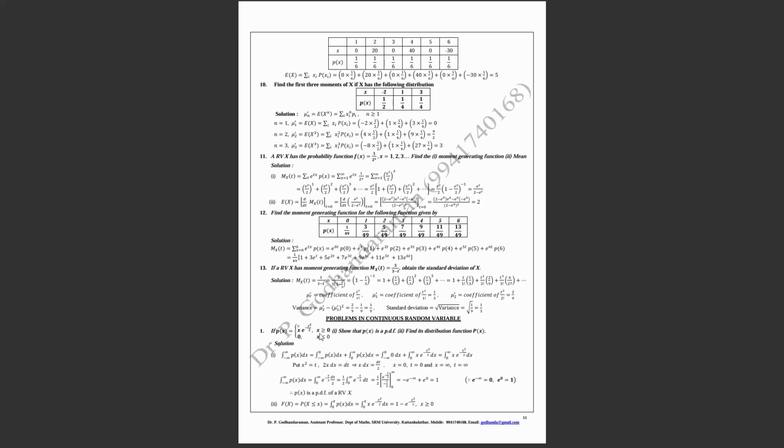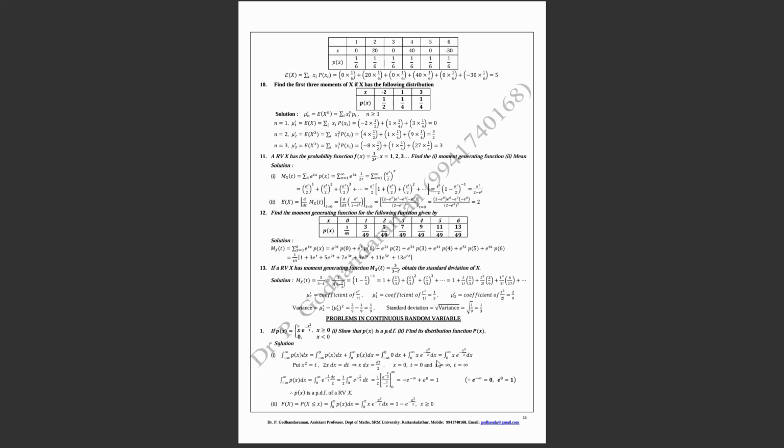From minus infinity to 0, because for x less than 0 the given condition is P of x equal to 0, that integral is 0. Plus, for x greater than or equal to 0, the integral from 0 to infinity of P of x dx.